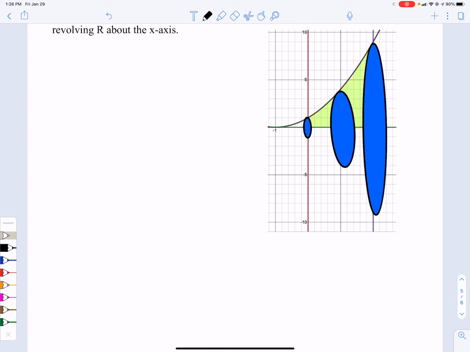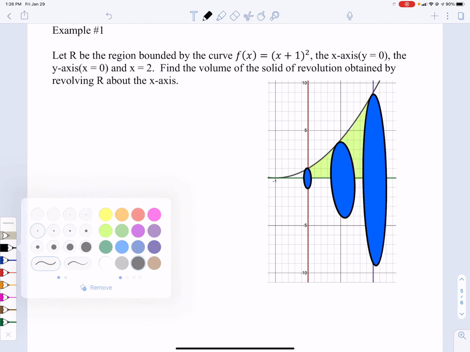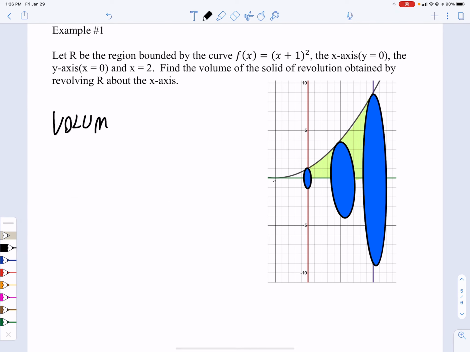Now we need to add these all up. How do I add all these disks up? So the volume would be... So here we go. How do I add them up? You integrate. And we went from 0 to 2. Those were our boundaries.